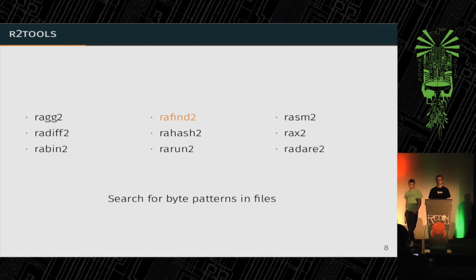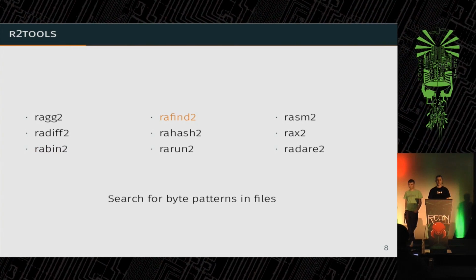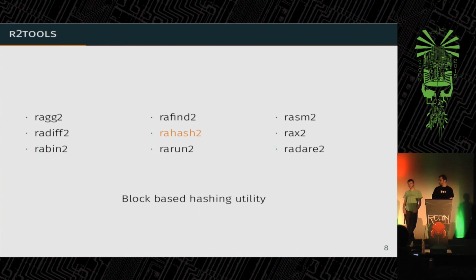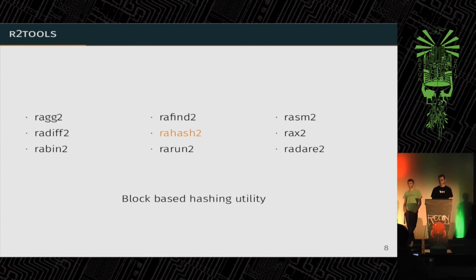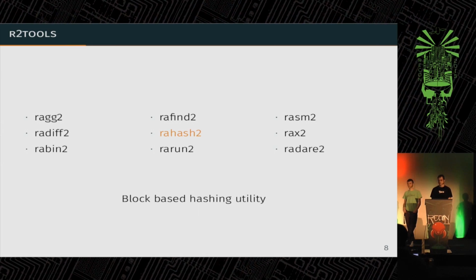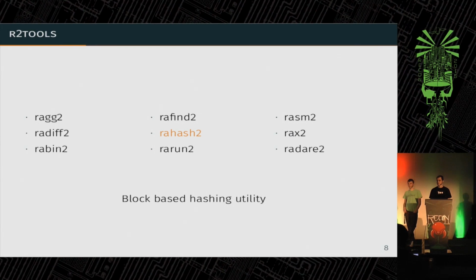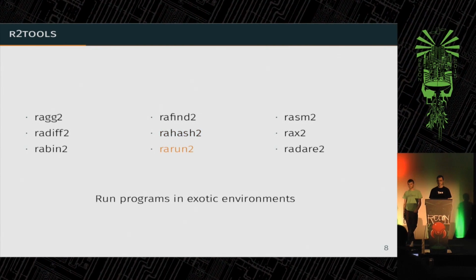Rafind2 is used to search patterns in files, like you can use it when you are reversing firmware, for example. Rahash2 is a block-based hashing utility. It can do MD5, SHA-1, SHA-256. Basically, if you want to compute a hash on blocks of a file or an entire file, it can do this.